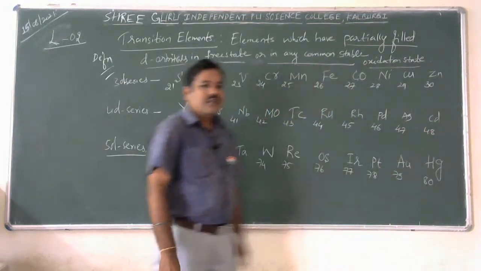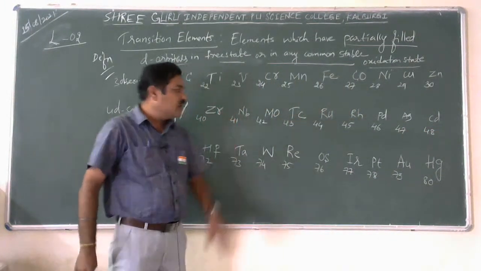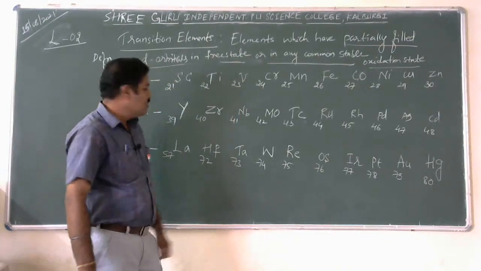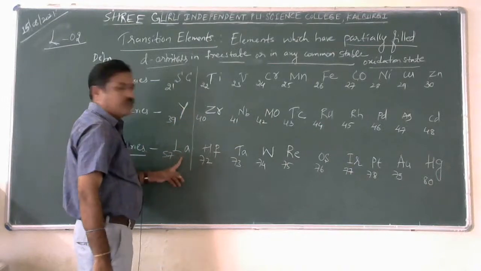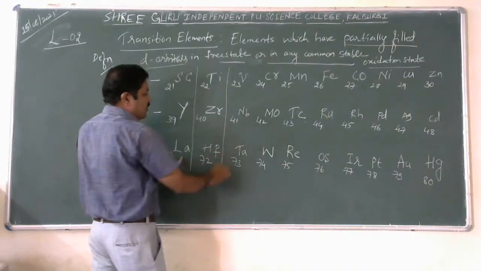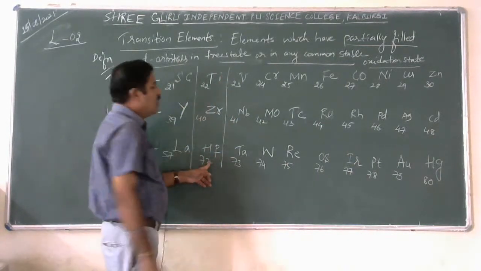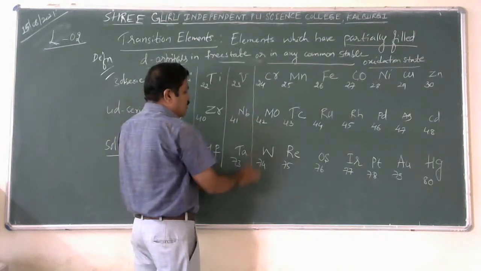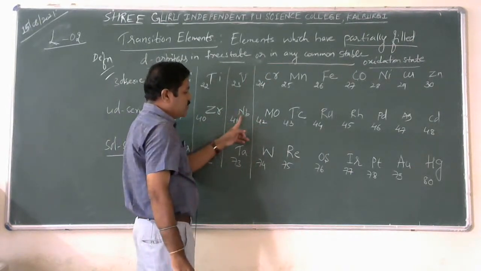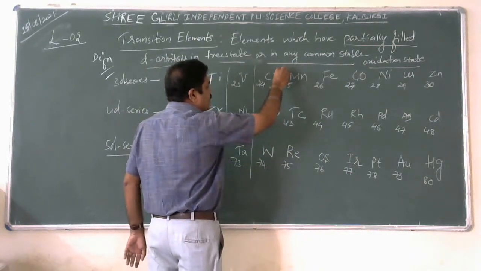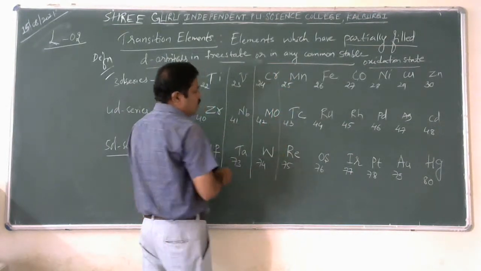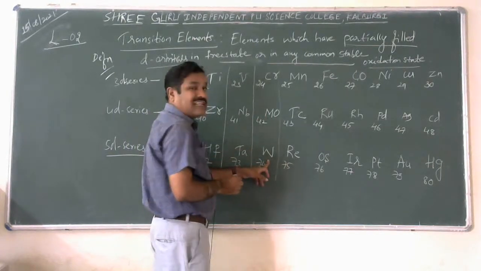That's why I told you students, like this you have to make some trick and remember this particular series elements. Make a group of 3. First set, scandium, yttrium, lanthanum. Second set, titanium, zirconium, hafnium. Then third, vanadium, niobium, tantalum. Then next, chromium, molybdenum, tungsten.